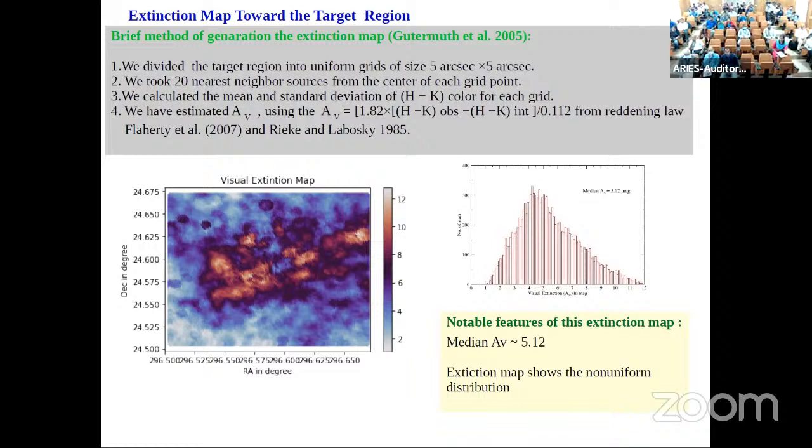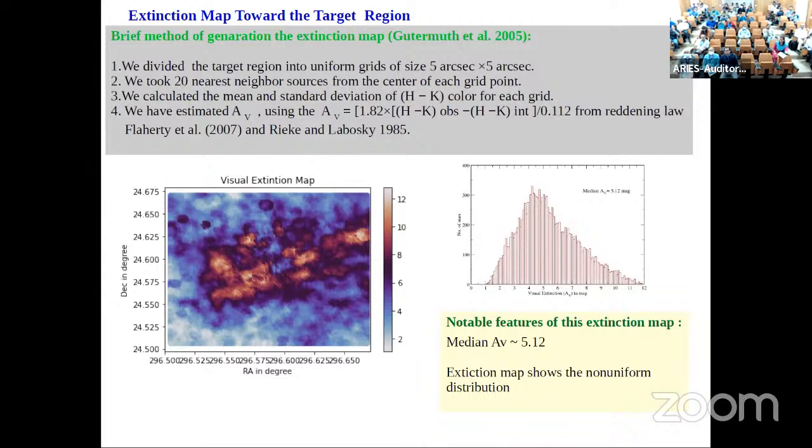Then we calculated the mean and standard deviation of the H minus K values, applied a 3 sigma criterion to the sources, and then estimated the AV using the standard formula mentioned here from Flaherty et al. 2007 and Rieke and Lebofsky 1985.